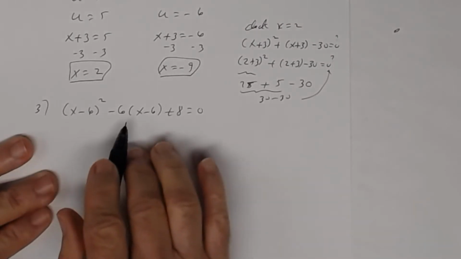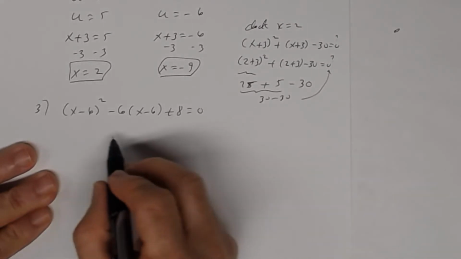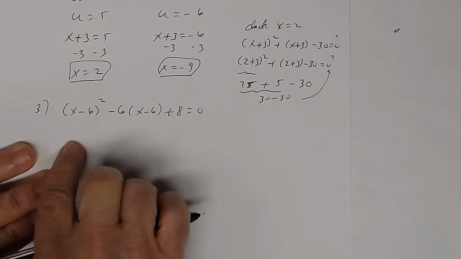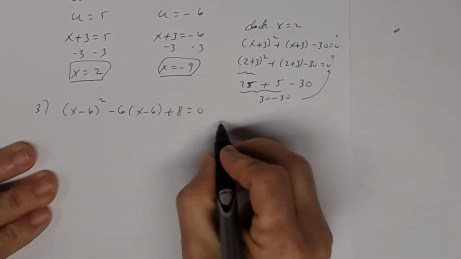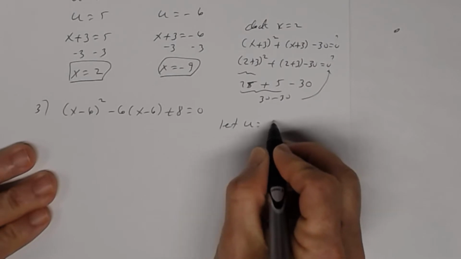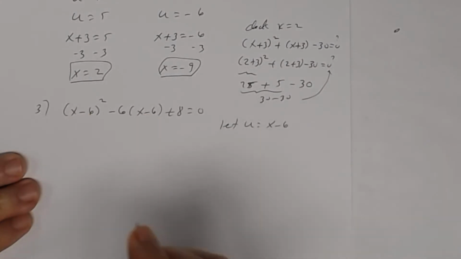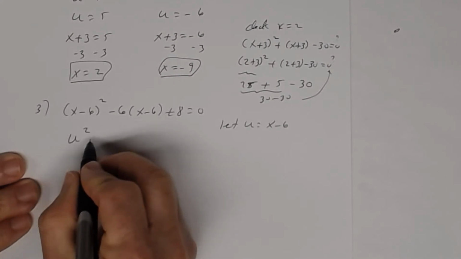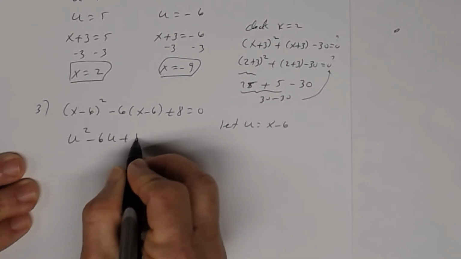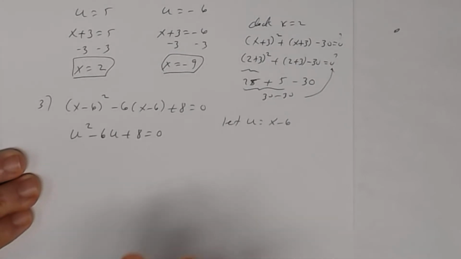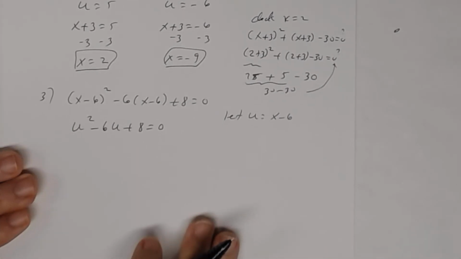So making that substitution to get this quadratic equation to look like an easier quadratic equation, I'm going to let u equal x minus 6, and that's my binomial that I see in both places here. So I get u squared minus 6u plus 8 equal 0. And now this is so much easier to factor.